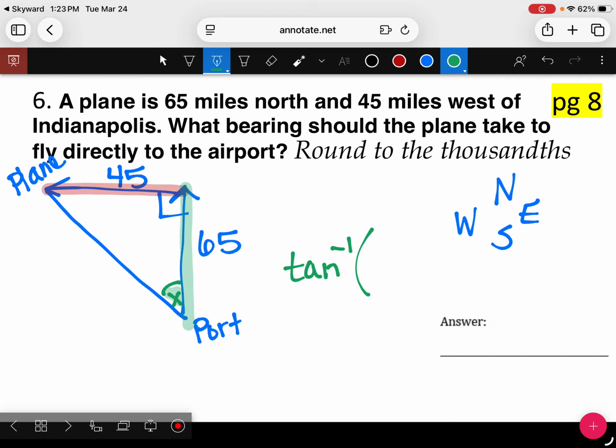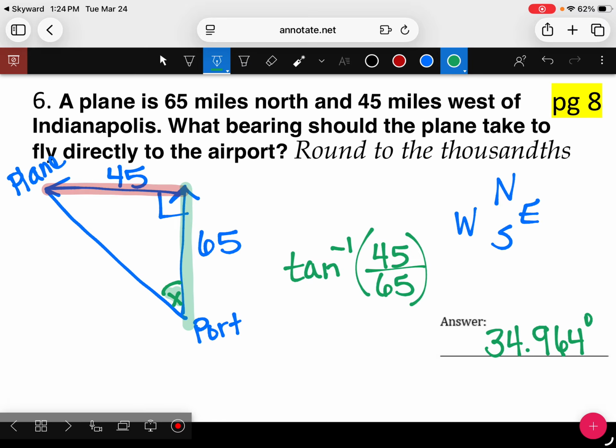So would that be 45 over 65 or 65 over 45? All right, and when you type it in, what did I get? 34.964. It's kind of close to the other one, a little bit.